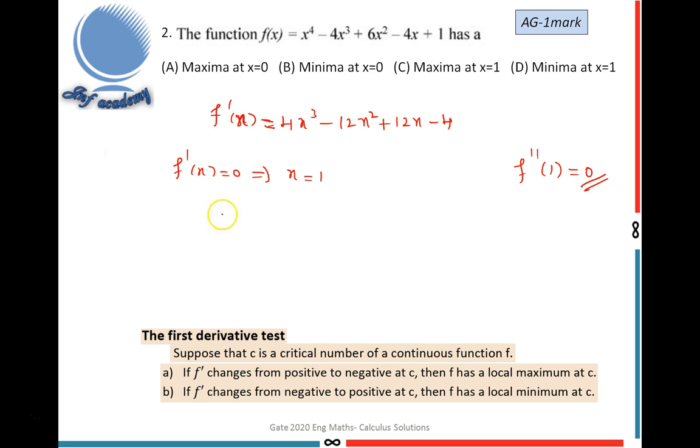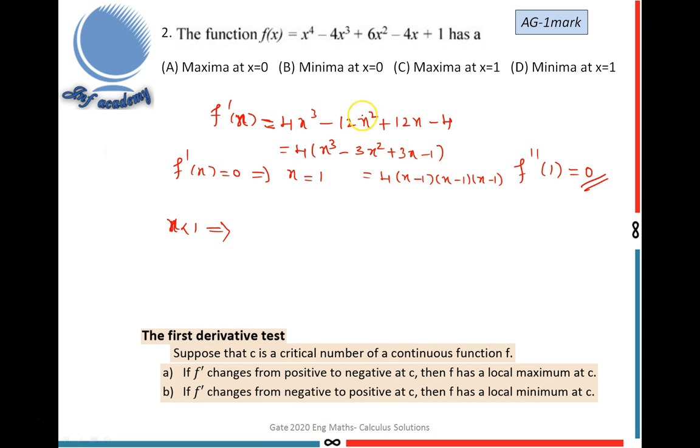Here x equal to 1 is a critical point. First I take the interval x less than 1. For all values of x less than 1, I write x cube minus 3x square, take 4 outside, 3x minus 1, and I write 4 into (x minus 1) into (x minus 1) into (x minus 1).